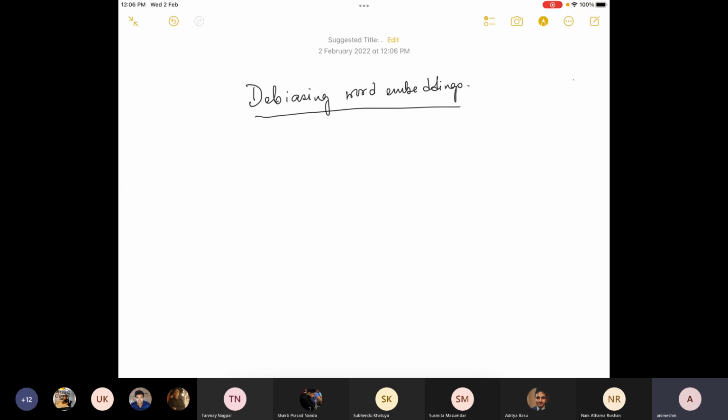Now, last day we have already motivated ourselves as to what is the requirement of generating word embeddings in the first place. What are the different types of NLP applications that these word embeddings might be useful for?